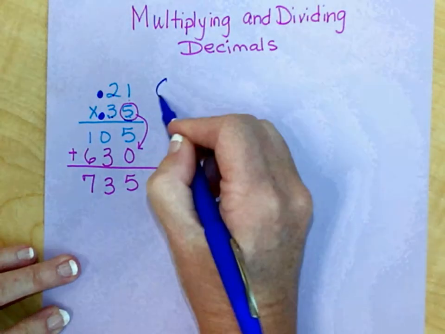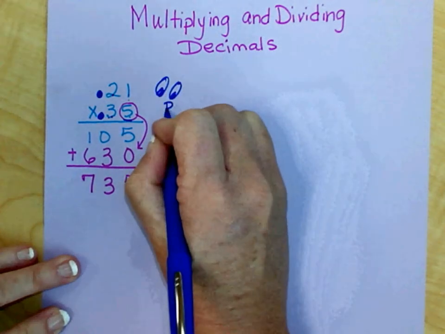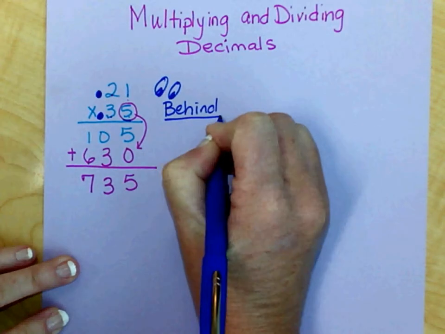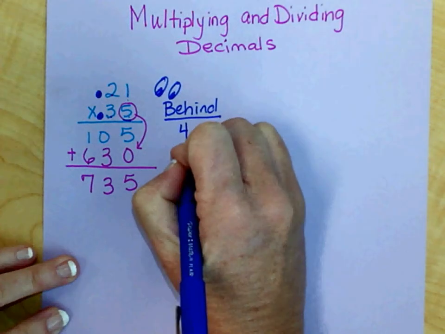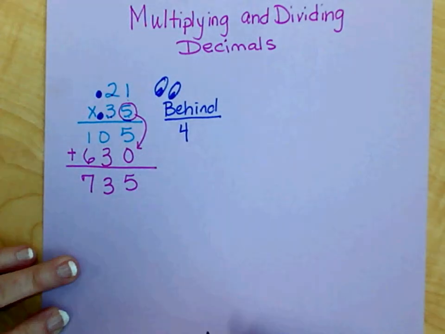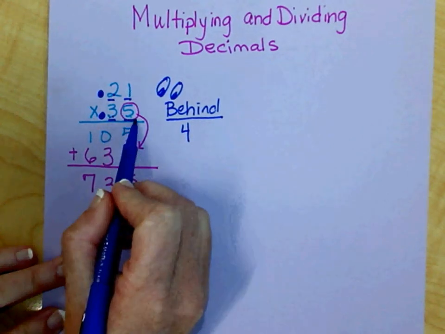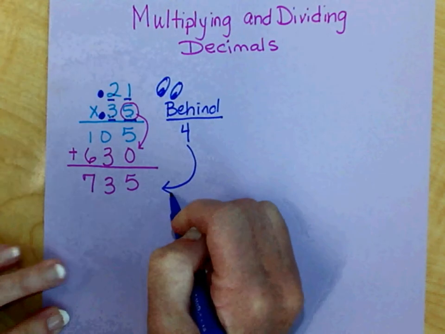When we take our second look and see we have decimals, we want to look at how many values are sitting behind the decimal. I see 4 values behind, and I'm going to name them 1, 2, 3, 4. This has to be true in my answer as well.